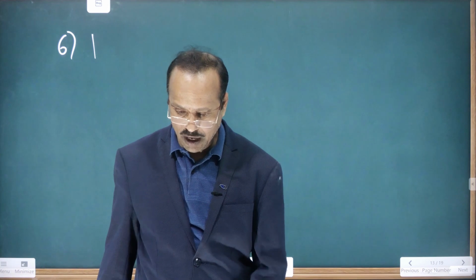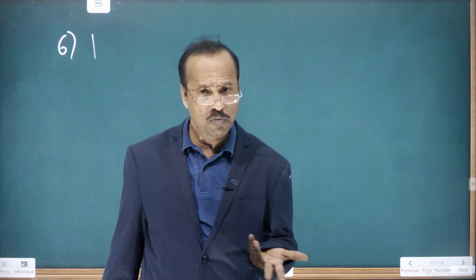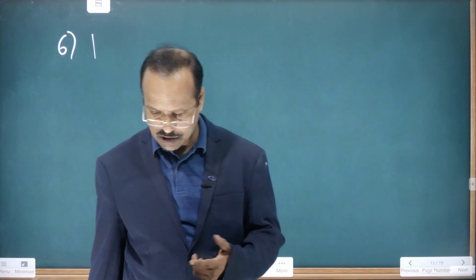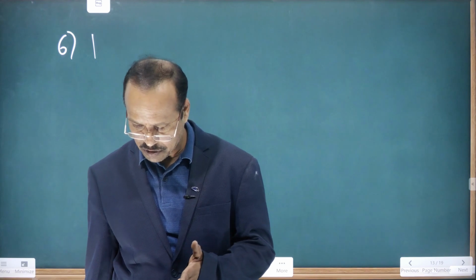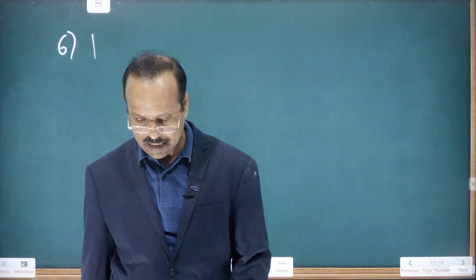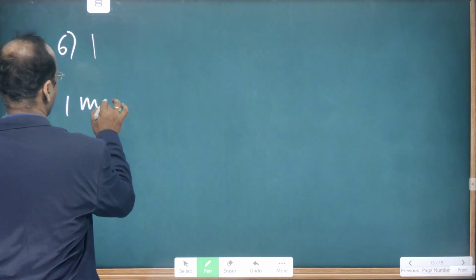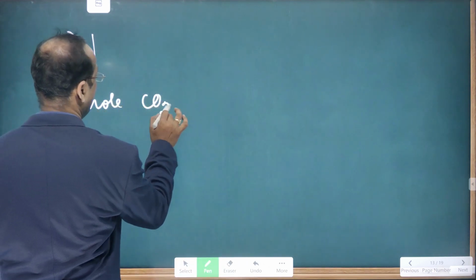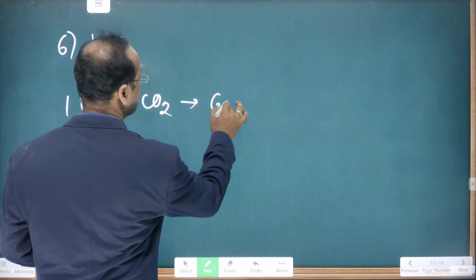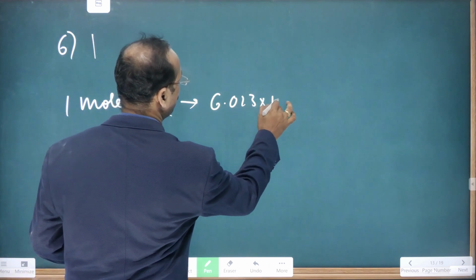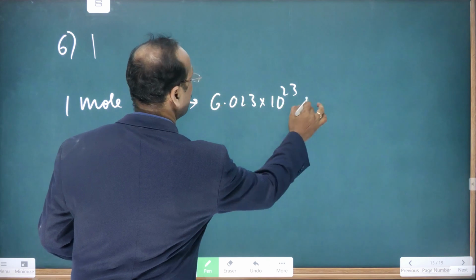Seventh one, 1 mole of carbon dioxide molecules contains 6.023 oxygen atoms, 6.023 carbon atoms. So 1 mole of carbon dioxide consists of 6.023 into 10 to the power of 23 carbon dioxide molecules.